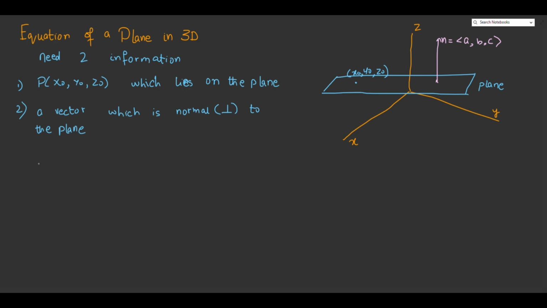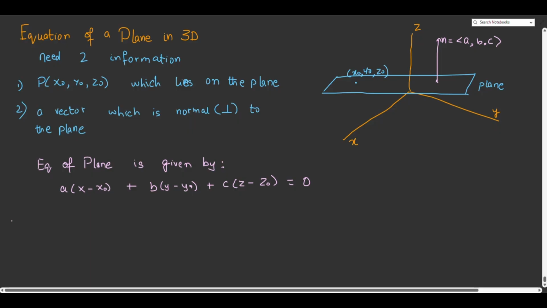You can use this equation: a multiplied with x minus x0, plus b multiplied with y minus y0, plus c multiplied with z minus z0, equals 0. When we substitute everything in this equation, we can find the equation of the plane. So in order to find the equation of a plane, we need two pieces of information: a point and a normal vector.